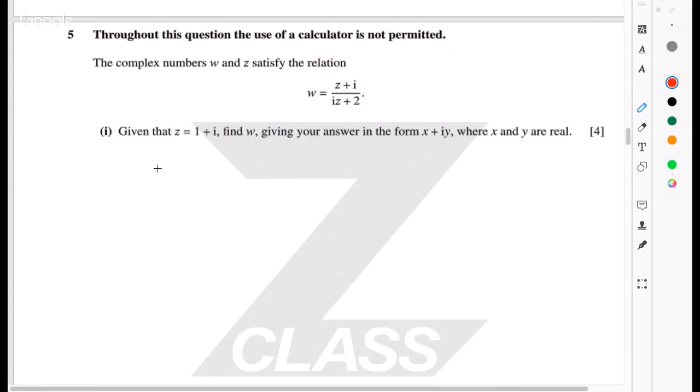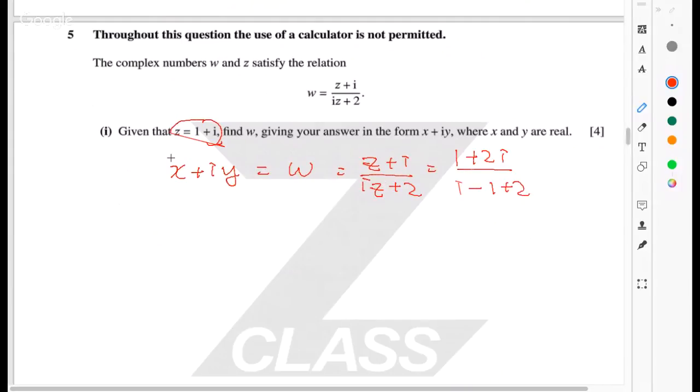Well, when you're doing the conversion questions, if you're not that sure, you can always do the trick where you write out x plus iy, and remembering that x and y are both real, you equate that to w, which is equal to z plus iz plus 2, and you substitute the value of z in, 1 plus 2i, i minus 1 plus 2, and then you solve for the real and imaginary part of this expression, or you can just simplify this expression directly.